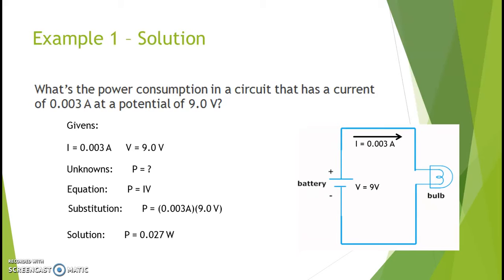And of course, our units, watts, are a unit for power, so that sounds pretty good. But when we get to the third question of how many significant figures, we can identify that our potential has 2 significant figures, but in fact, the current only has 1 significant figure. And so, before we underline our answer, we need to round it to 0.03 watts. And that, in fact, is the correct answer.